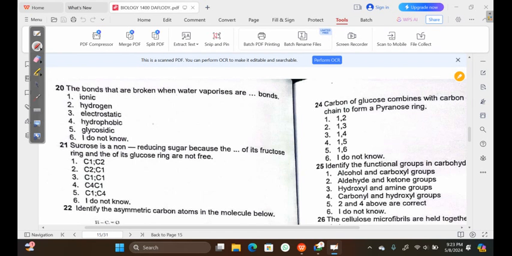As you go down in this paper, you're going to find that question. Fructose has to turn how many degrees for it to react with the glucose?